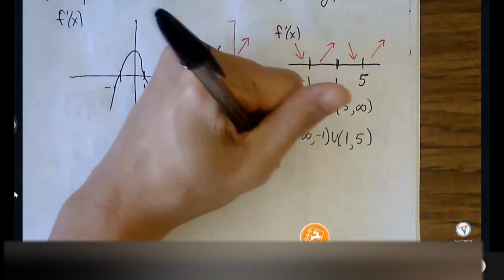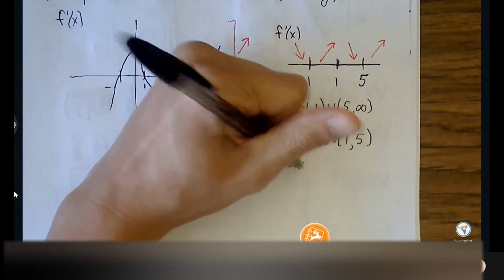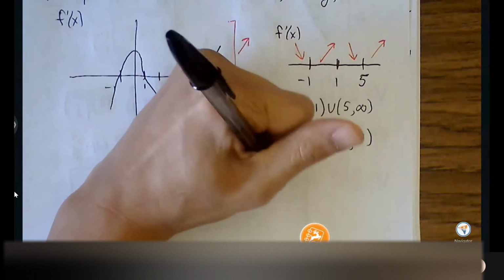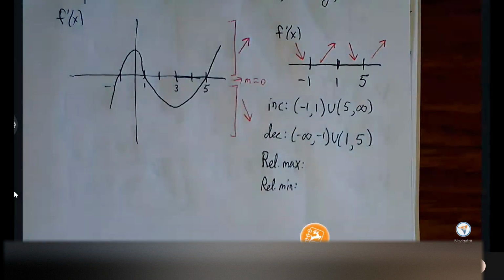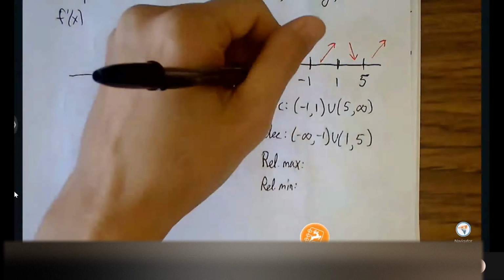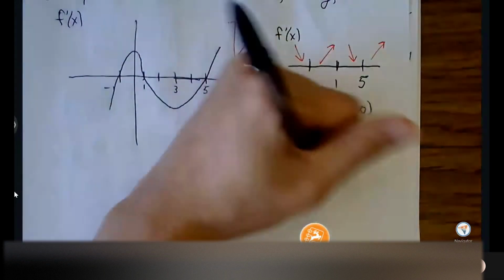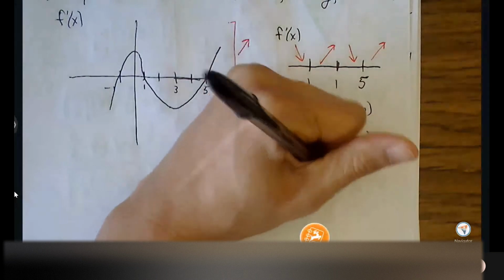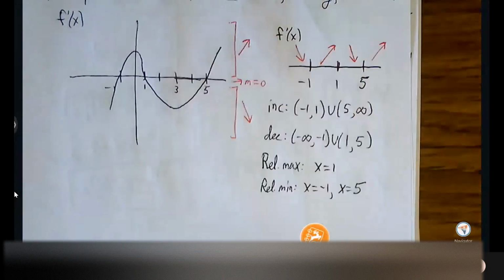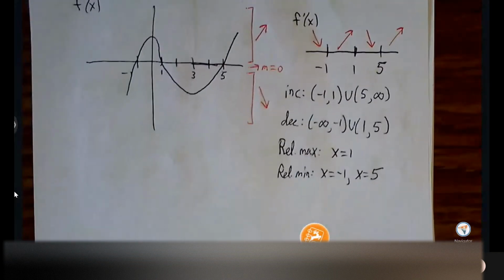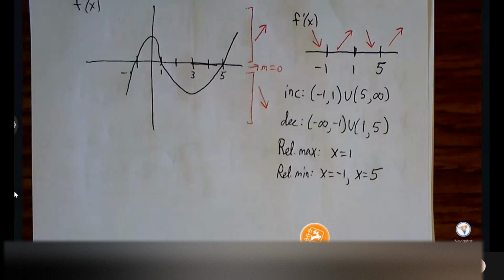And then we can also gather information about relative max and relative min. We don't know the y values, but we do know the x values. Relative max is at x equals 1, and relative min at -1 and 5.